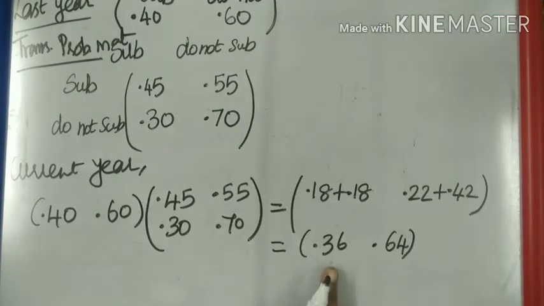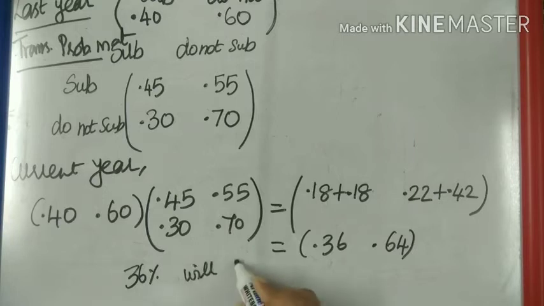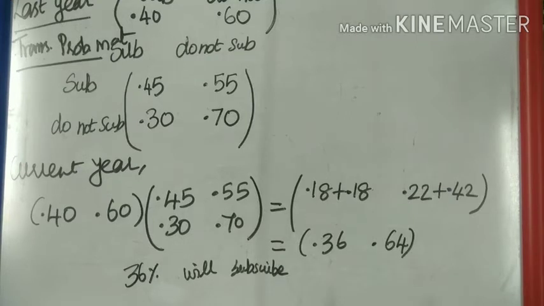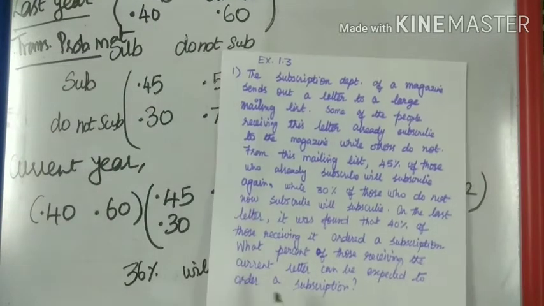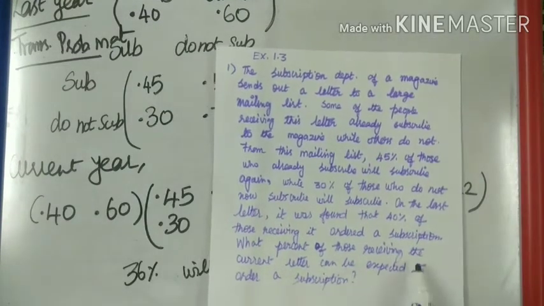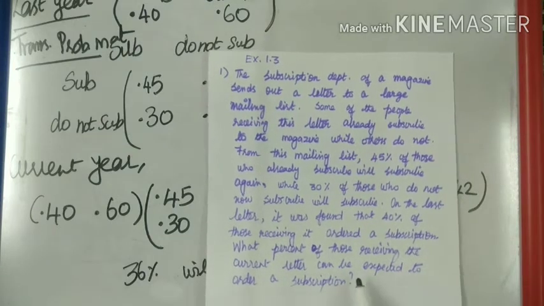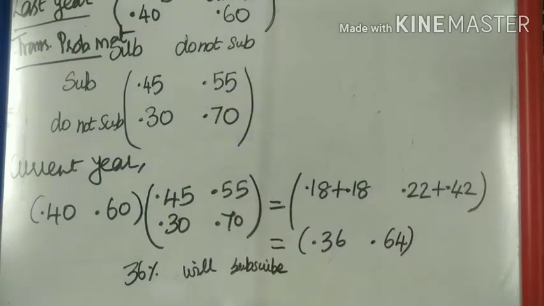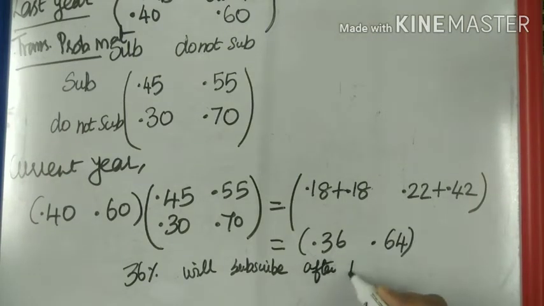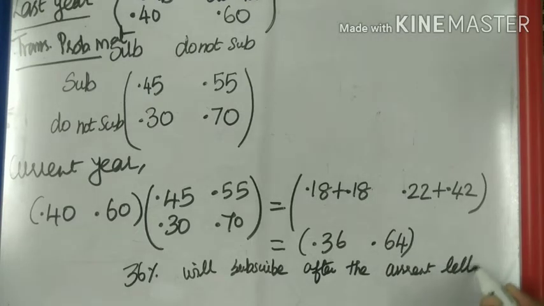This is subscribing and this is do not subscribe. So 36% will subscribe after receiving this current letter. As in the question, what percent of those receiving the current letter can be expected to order? 36% will subscribe, and that is the answer.